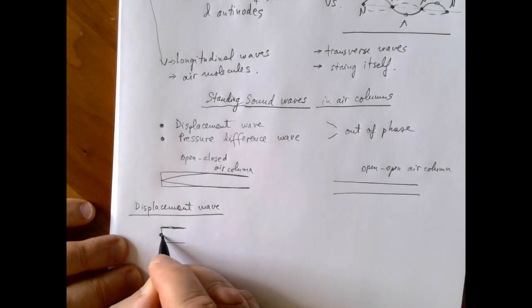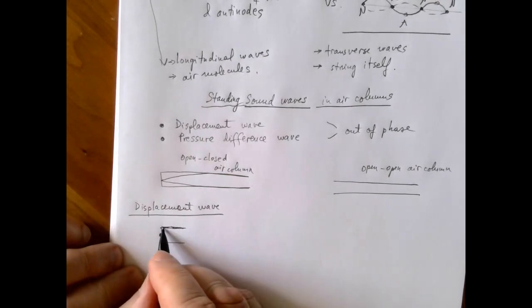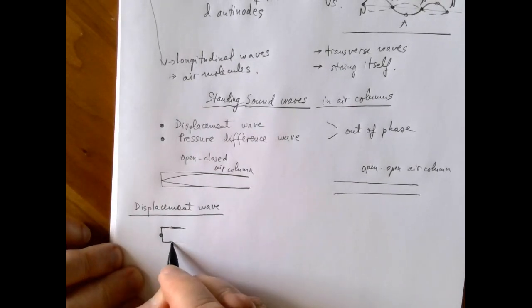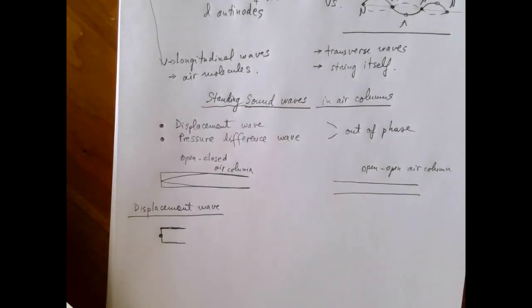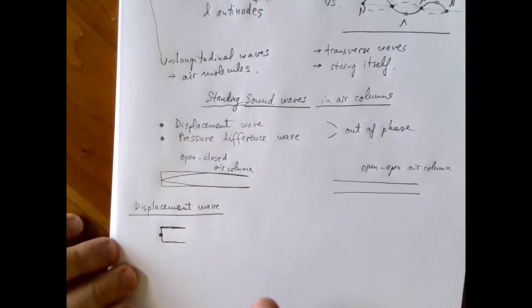The reason for that is perhaps not so hard to picture. The molecules cannot move. The molecules are hitting the wall. So in the displacement wave view, this must be a node.